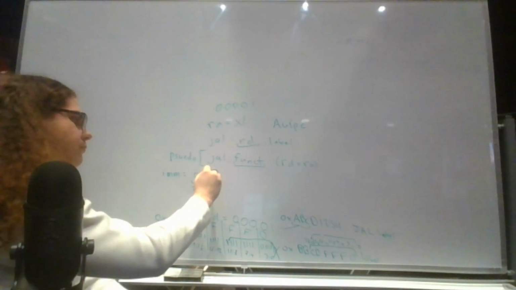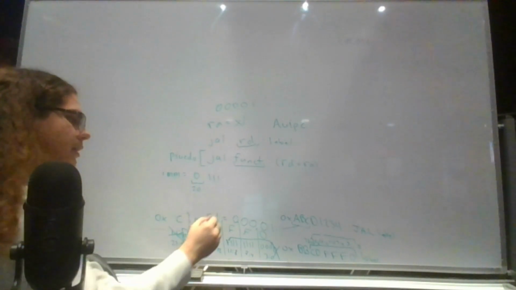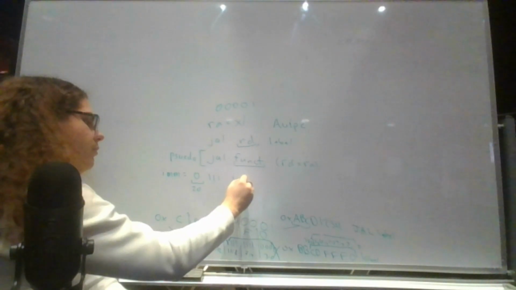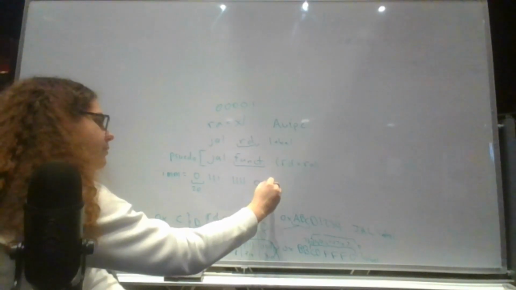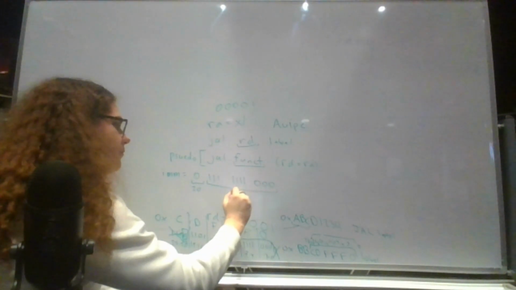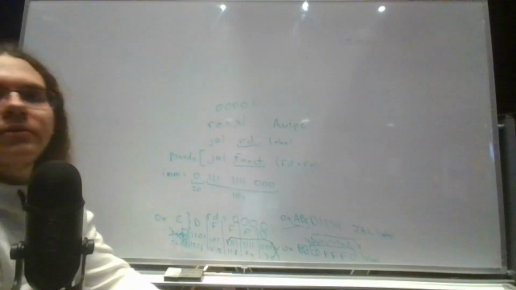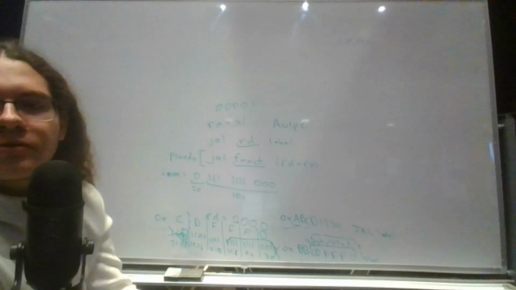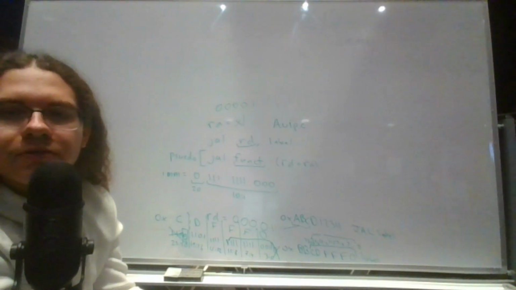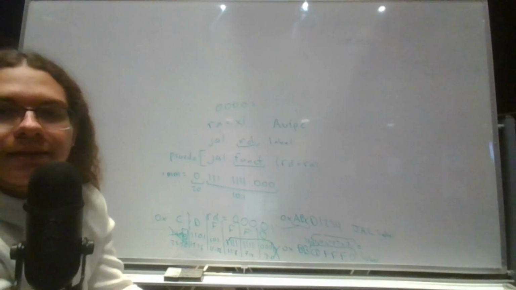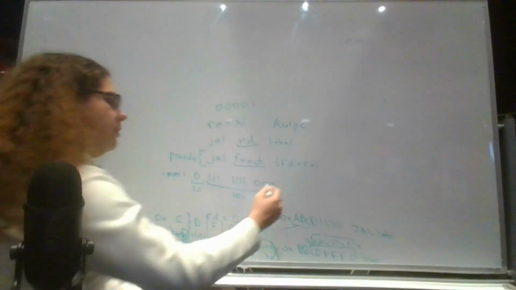Now I can write that out as 1, 1, 1, and then 1, 1, 1, 1, and then 0, 0, 0. And that's bits 10 to 1. The next bit I have is bit 11, and then I have 19 to 12. So I'm going to do bit 11 here.